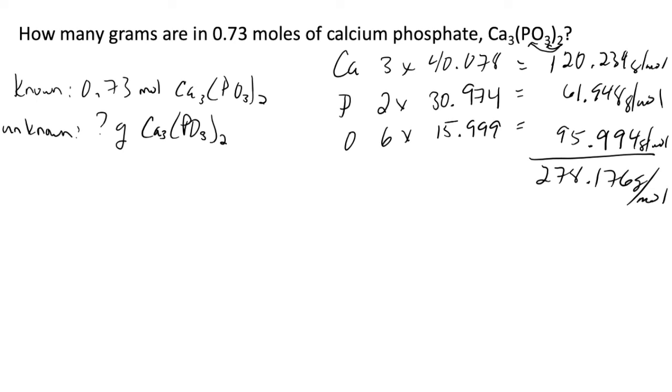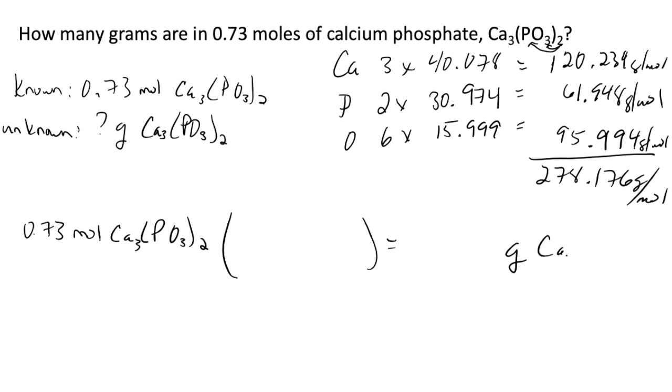Now we're going to use the molar mass to figure out the grams in 0.73 moles. We're given 0.73 moles of calcium phosphate. And we're going to convert this into grams of calcium phosphate, right? What we are looking for back here.